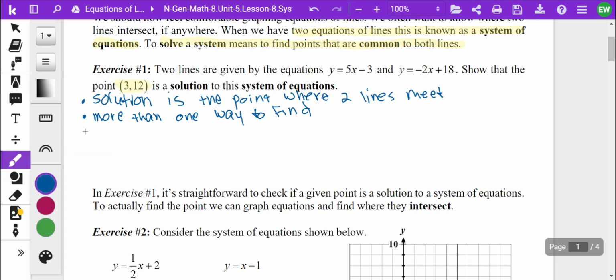So you're simply going to substitute to see if it's true. This is a really good test question. It's very simple. It shows that you understand the vocabulary. So all we're going to do is substitute to see if the solution is true.